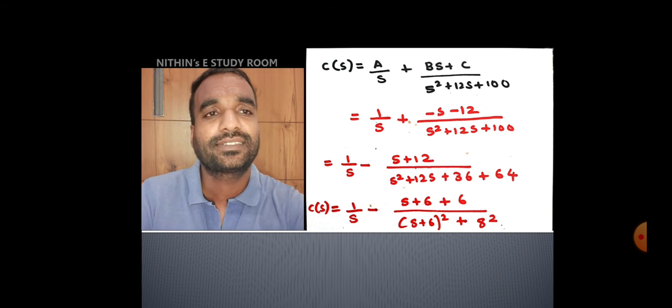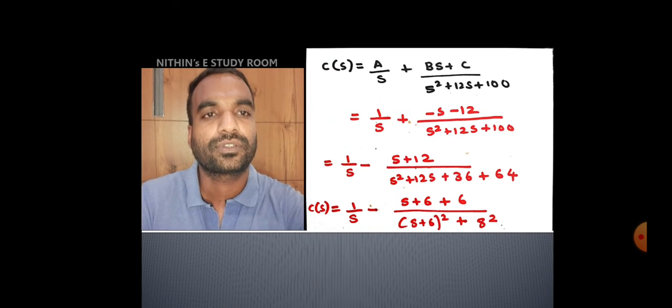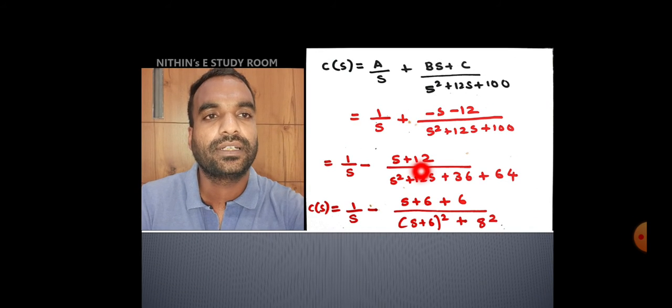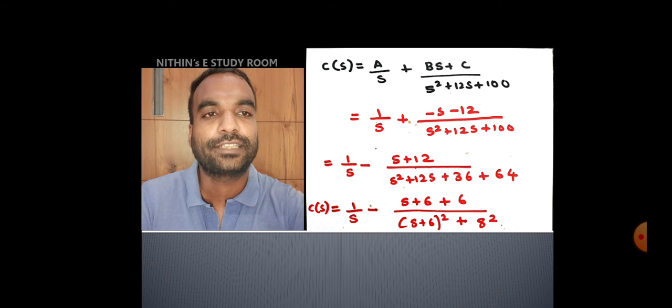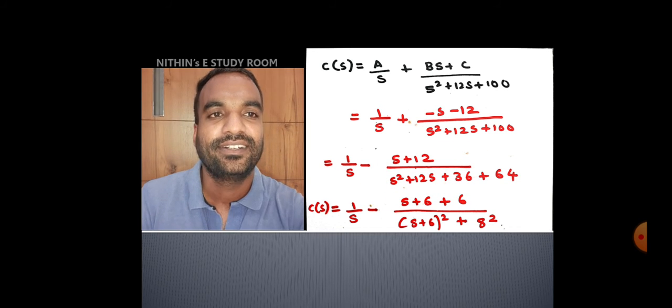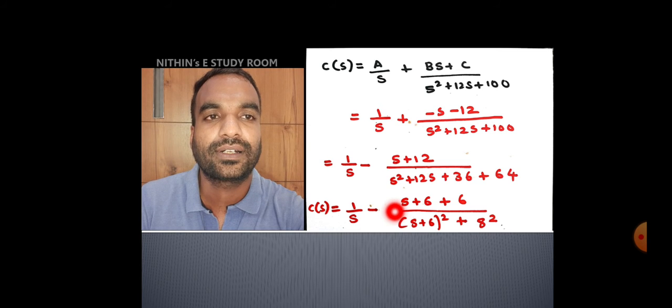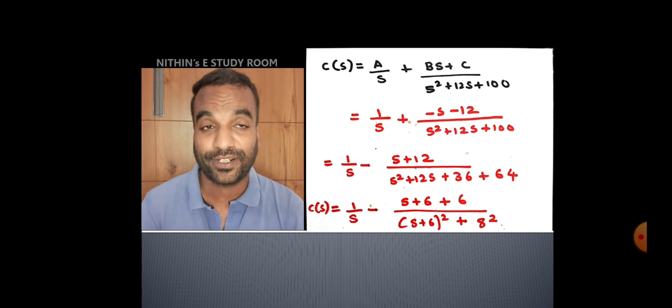So what is this term? s square plus 12s plus 36 is nothing but s plus 6 whole square. So in the next equation, we are rewriting the second term as s plus 6 over s plus 6 whole square plus 8 square.